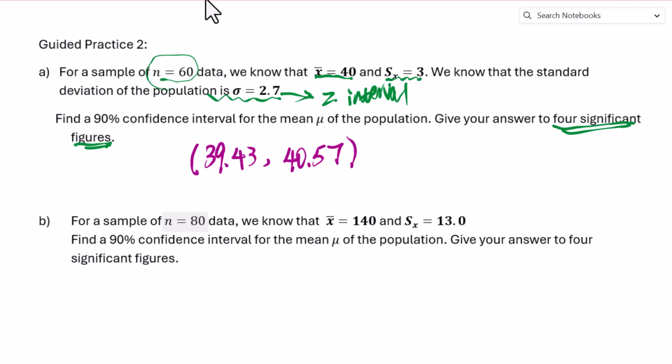Let's go to B. For a sample n equals 80, we know that x bar equals 140, S sub x equals 13.0. Find a 90% confidence interval for the mean mu of the population. Give your answer to 4 significant figures.